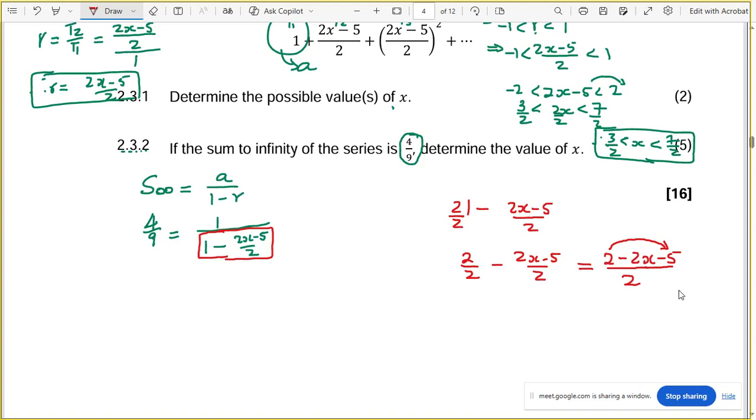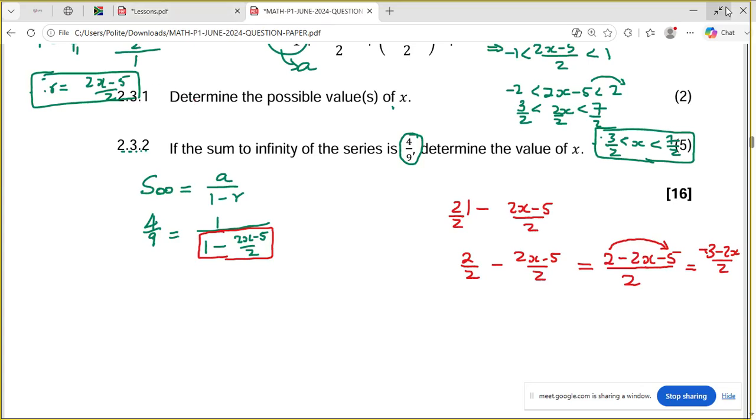This will give us minus 2 minus 5, that's minus 3, then minus 2x over 2. Is this making sense for you? Yes. Okay, because I have doubts, we said 2 times 2 and 2 minus, oh yeah, now I get it.